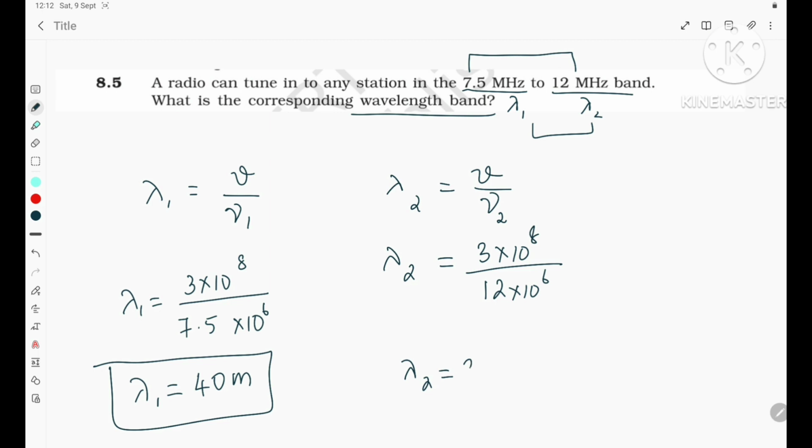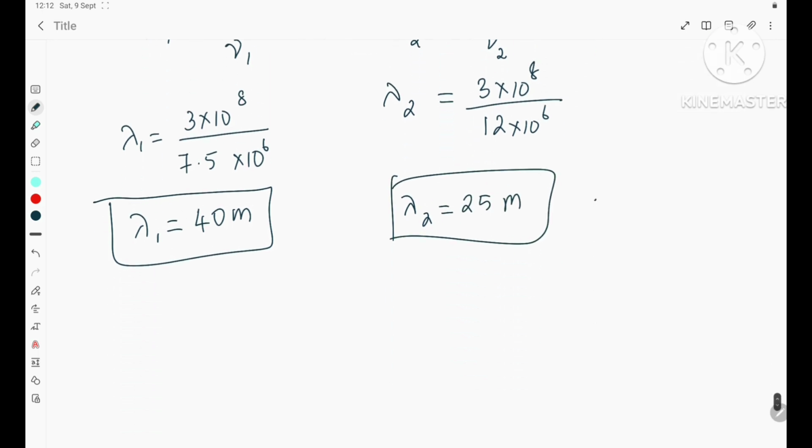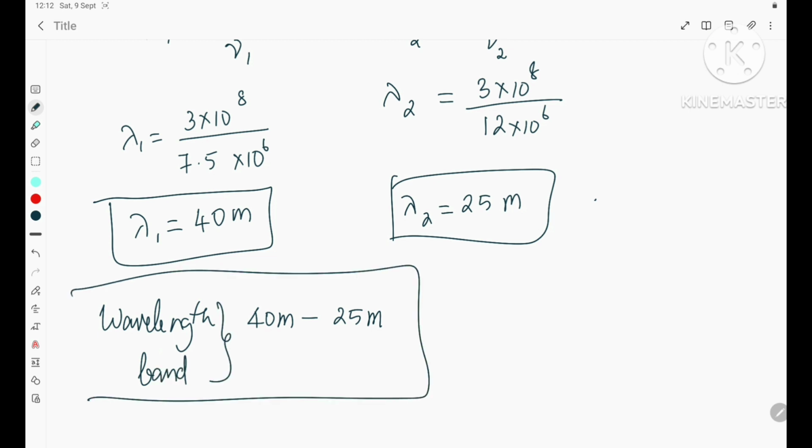So lambda 2 is equal to 25 meter. So the wavelength band is from 40 meter to 25 meter. This is the required answer.